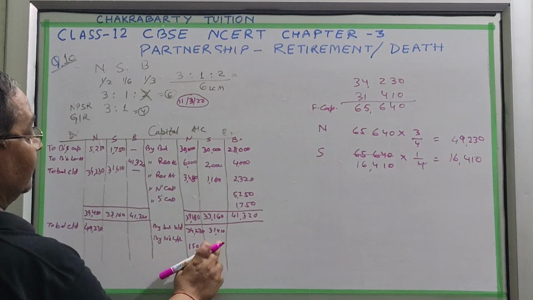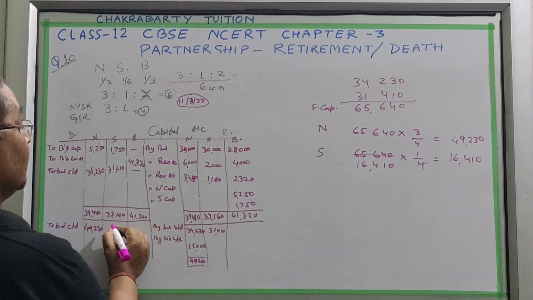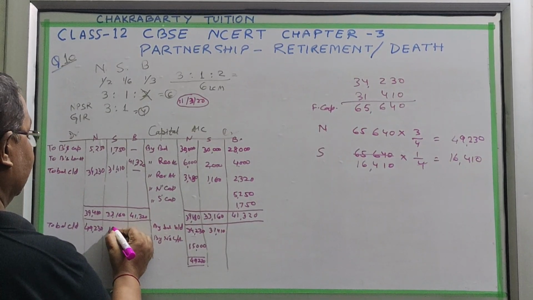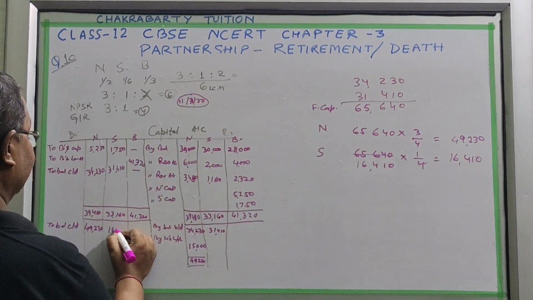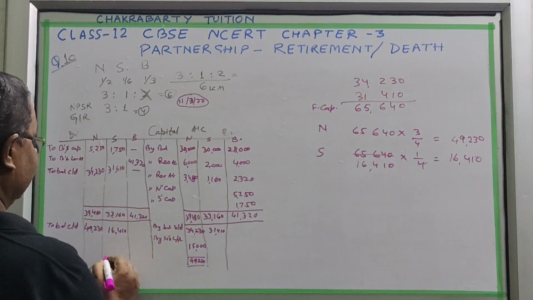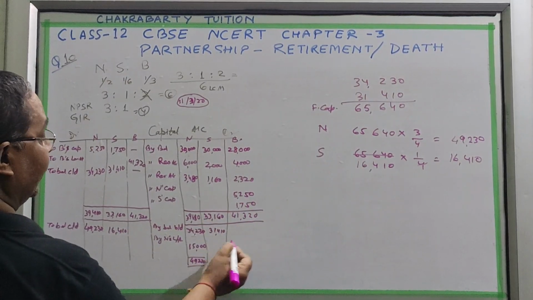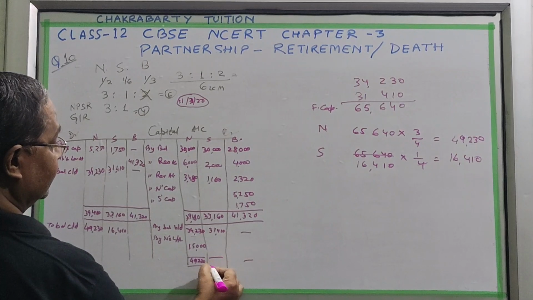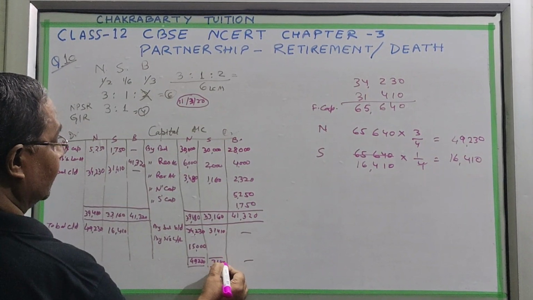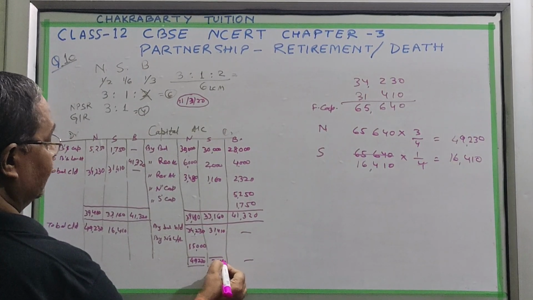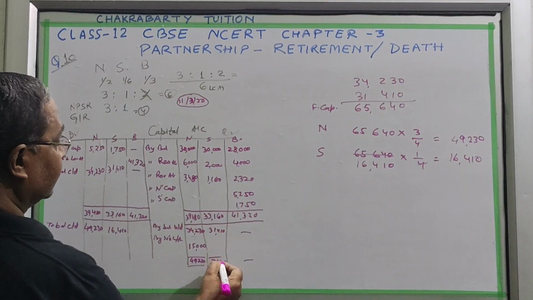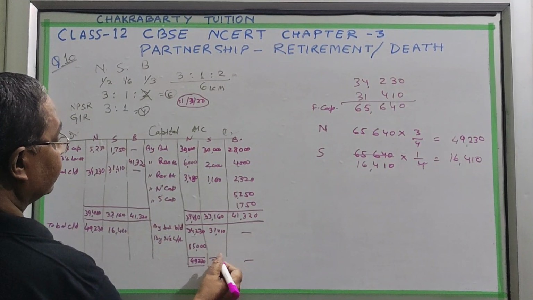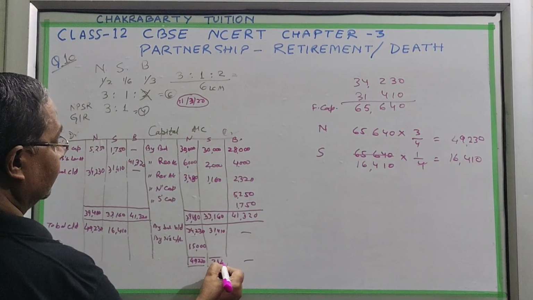Okay. Now this person, his balance should come to 16,410. But this side is already the higher side. Here nothing will remain. So the higher side total will go to this side, 31,410.